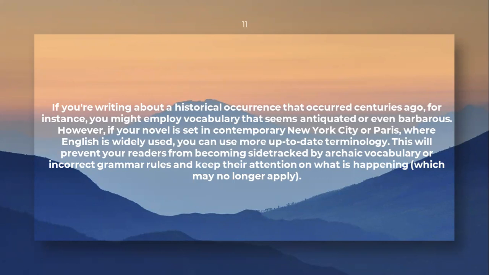This will prevent your readers from becoming sidetracked by archaic vocabulary or incorrect grammar rules and keep their attention on what is happening. So we should be aware of the time and the period, because we cannot use old archaic words in this era, because most people won't understand the word's meaning or the meaning behind the word.